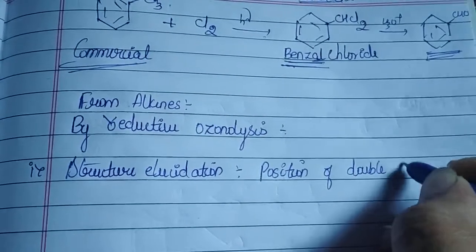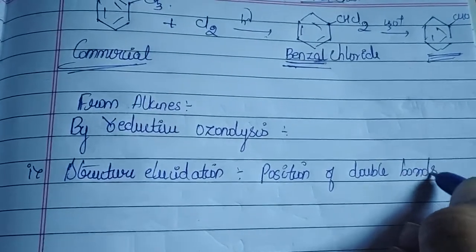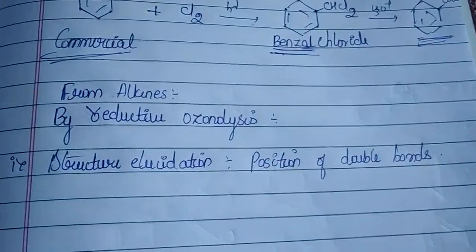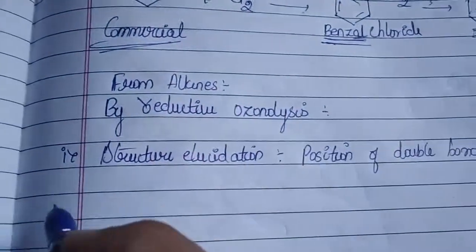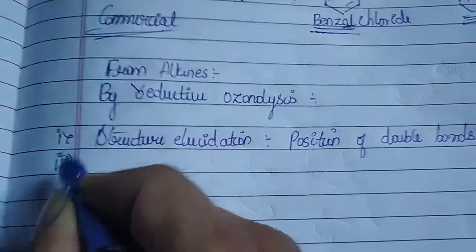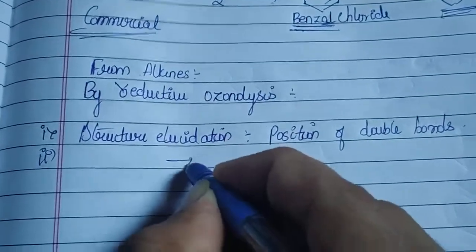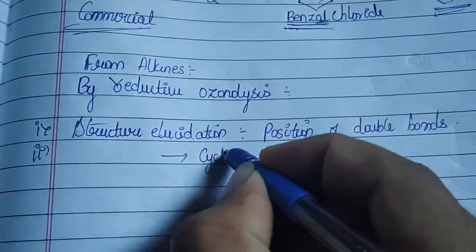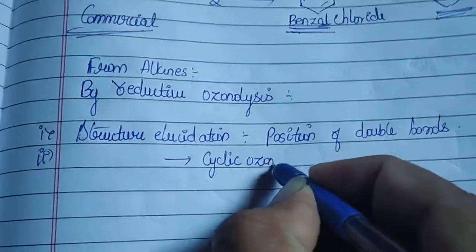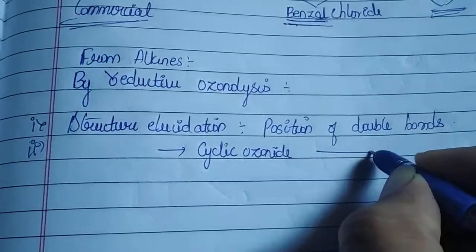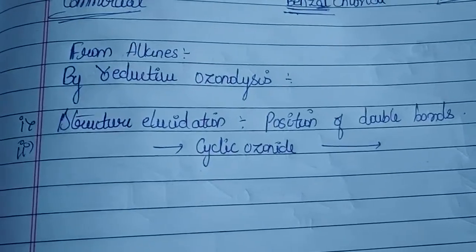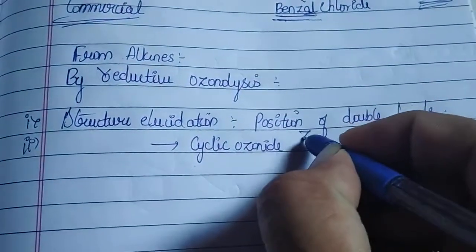You will come to know why I am saying this when we see certain important reactions. This is the first important process. And remember, whenever alkenes react with ozone, first they give a cyclic ozonoid structure, which upon hydrolysis in the presence of zinc.